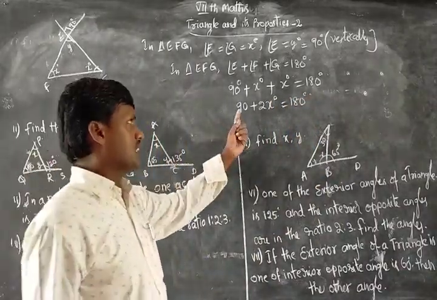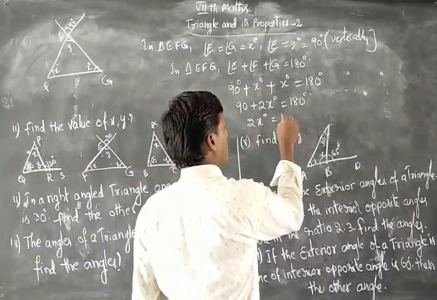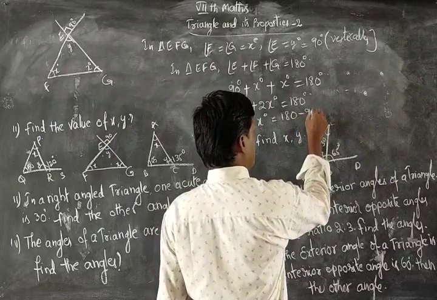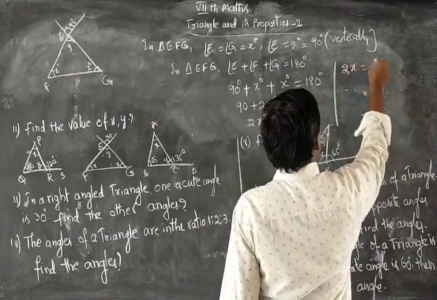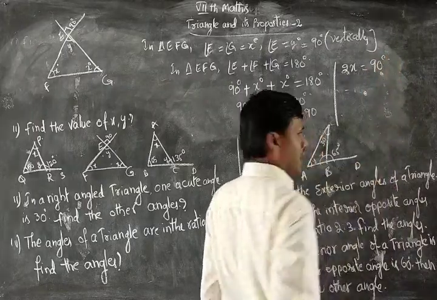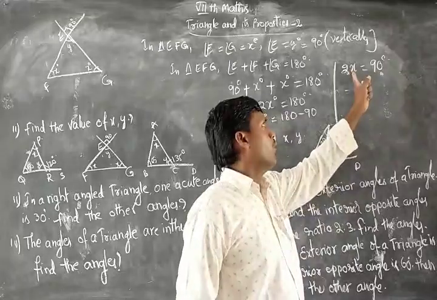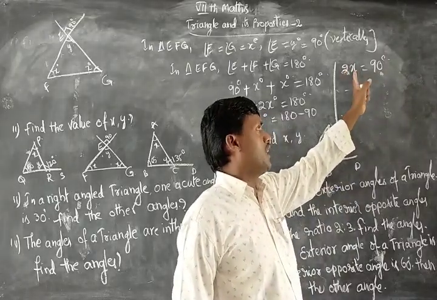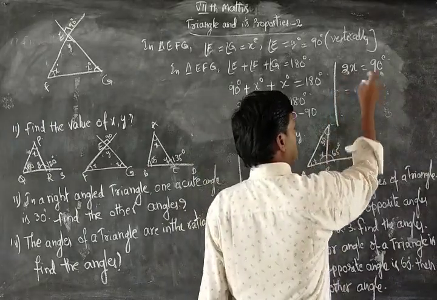So 90 plus 2x degrees is equal to 180 degrees. Transposing 90 to the right side, 2x degrees is equal to 180 minus 90 degrees, and 2x equals 90 degrees. Here x is the variable and 2 is the coefficient of x. So we can transpose the coefficient to the right side.